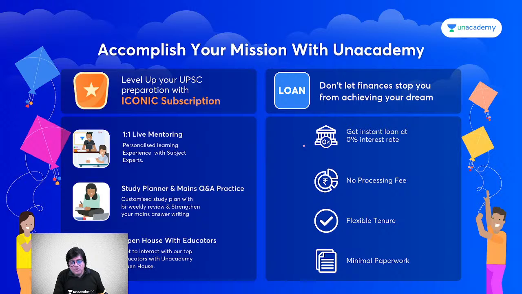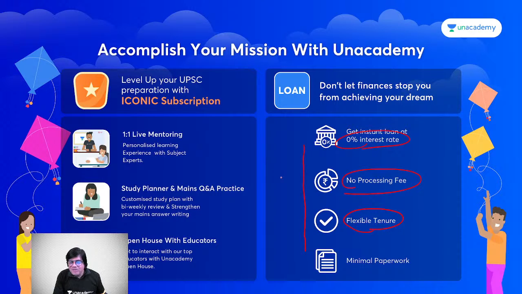Also, if you are short of money or finances, you can go for the loan facilities available with no processing fee, 0% interest rate, and flexi tenures. I don't think any other coaching platform offers financial aid to students in financial distress or in need of money.